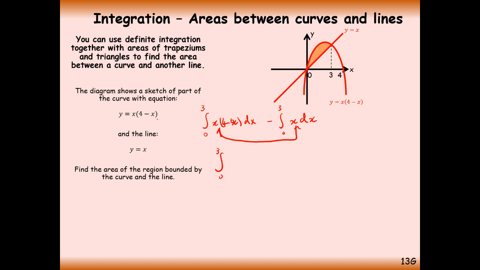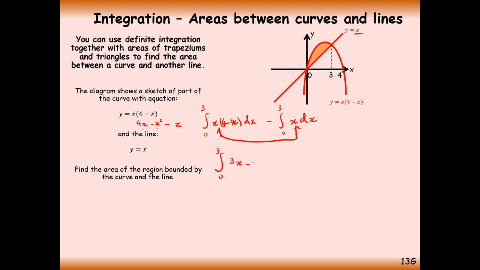We take 4x minus x squared and subtract 2x from it, because the line is the lower curve: you take the equation of the higher curve and subtract the lower one. So 4x minus 2x is going to be 2x, giving us 2x minus x squared.